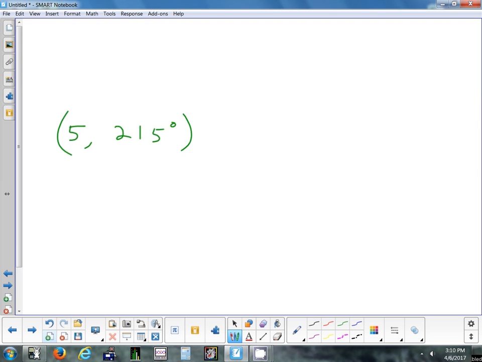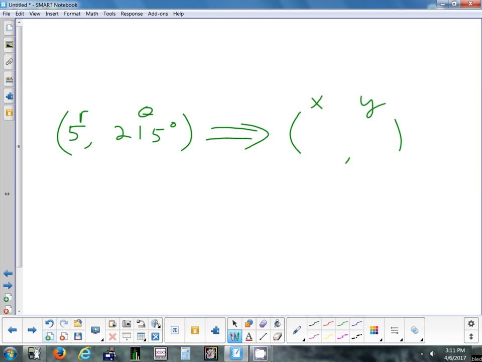When you have a coordinate in polar, what are the 2 things they give you? Radius and theta. And if you're trying to change to rectangular, what are the 2 things you want? X and y.